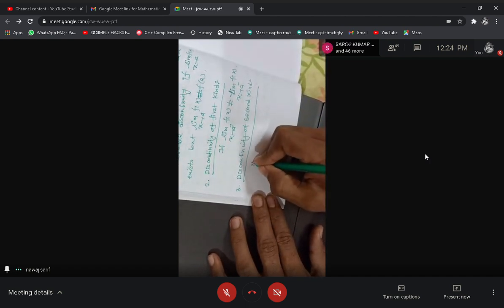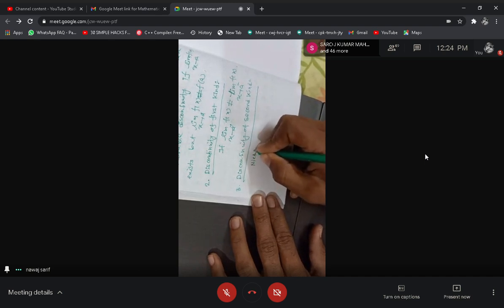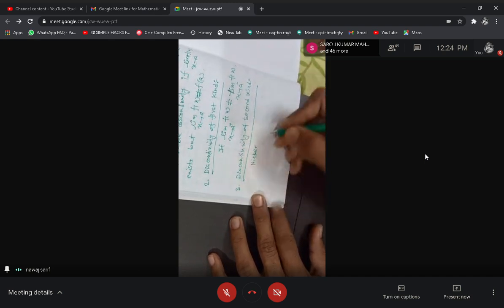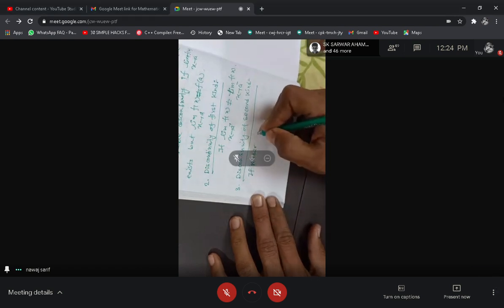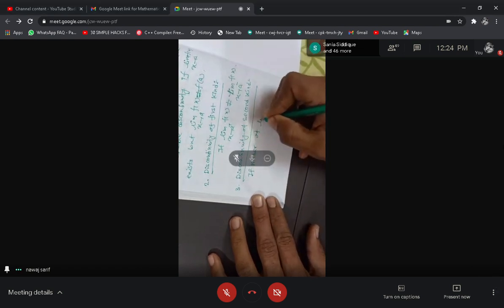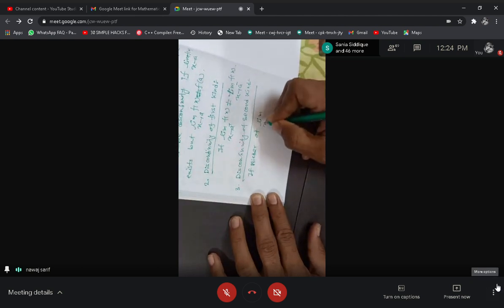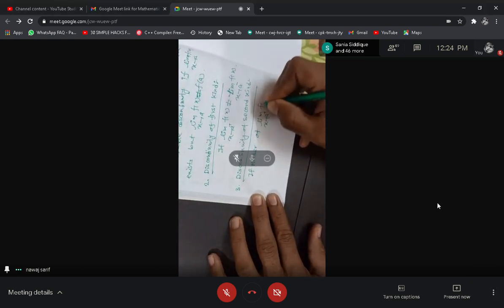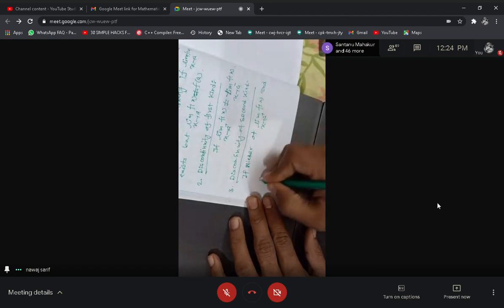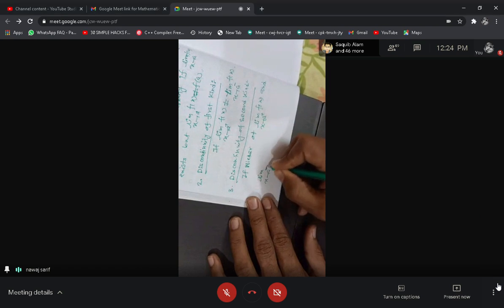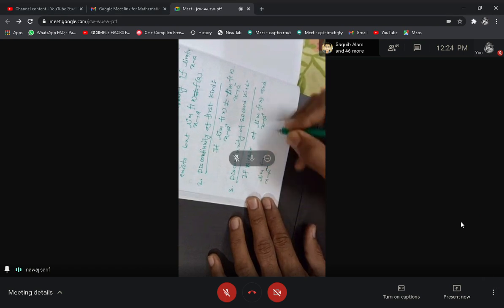Neither the left hand limit, x tending to a minus of f(x), nor the right hand limit, x tending to a plus of f(x), exists.